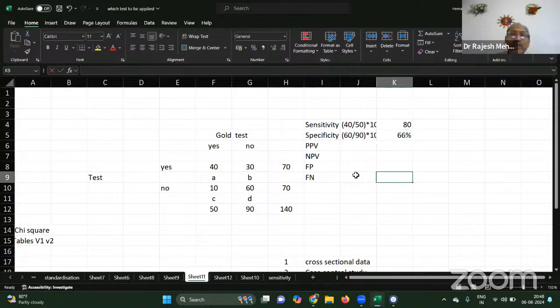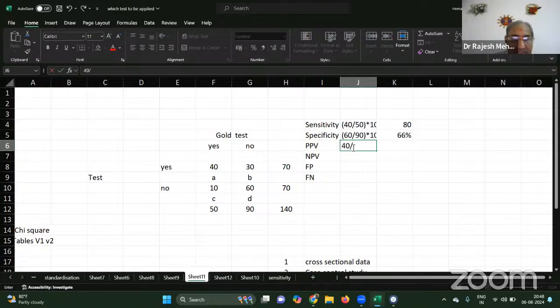Now, positive predictive value and negative predictive value. Positive predictive value means if the test says that 70 are positive, what is the likelihood that the person will really have the disease? So it will be 40 out of 70.